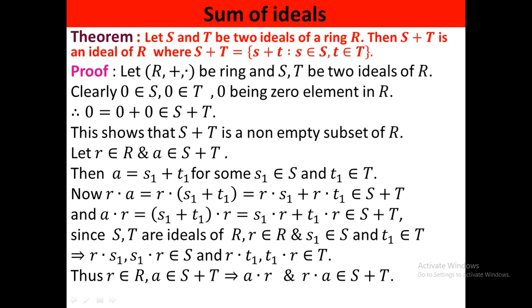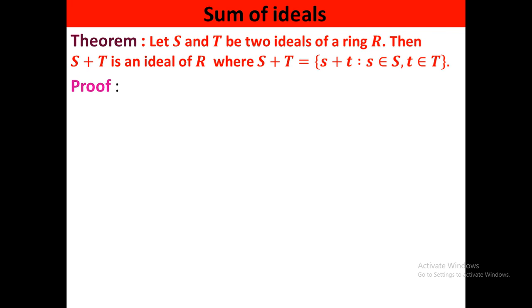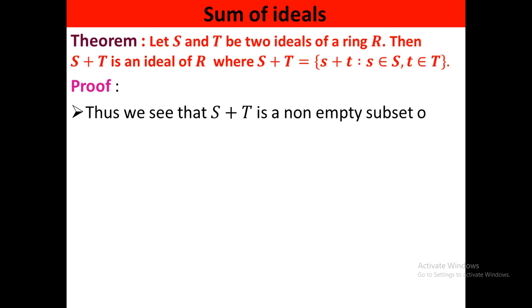Now we see the whole calculation at a glance. At first we see that S plus T is a non-empty subset of the ring. Then for any two elements A, B from S plus T, A minus B is also an element of S plus T. That's why the first condition for ideal is satisfied.